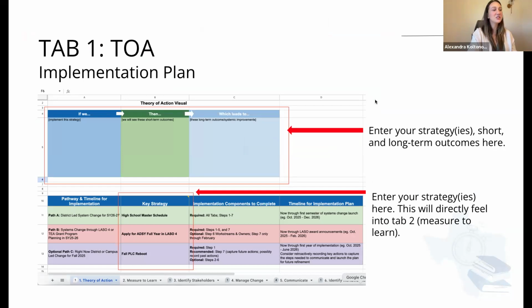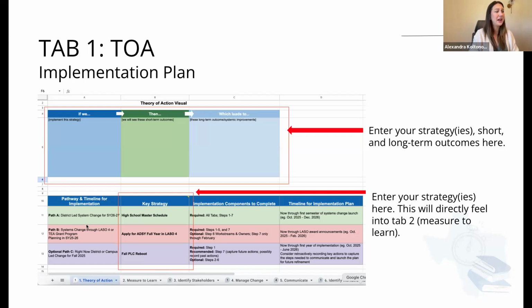Awesome. So once you have that completed, the bottom tab is where you are really only looking at and entering your key strategies in column B. So there are these 3 different paths that you could be taking as a district. You could be doing 1, 2, or 3. There's path A, which is a district-led change for school year 26-27. Path B, which is a systems change through a LASSO grant.